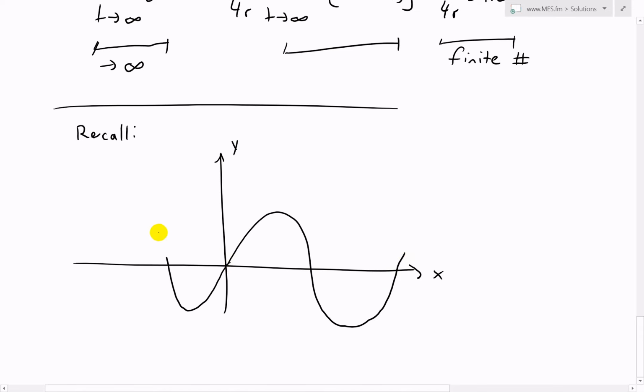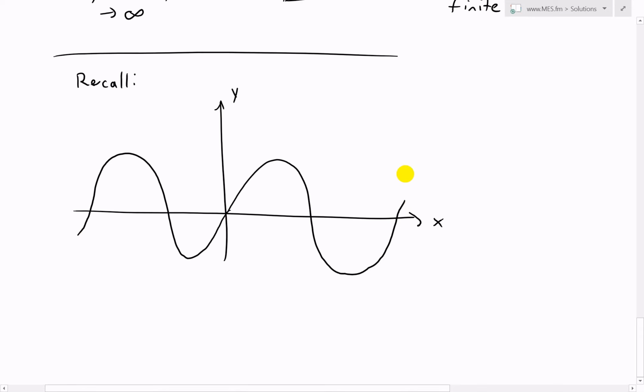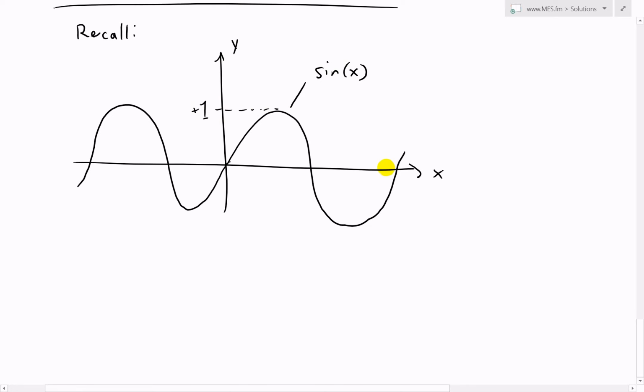Keeps going, etc. And then this is our sine of x function, and then the maximum height is at plus 1, like that, and the lowest part of it is over here, etc. It's not to scale, but anyway, this is negative 1. So basically, when you keep going, all it's doing is alternating from 1 to negative 1.